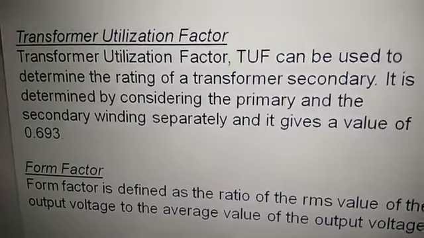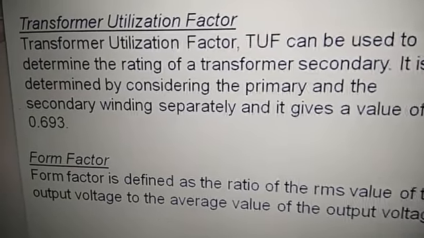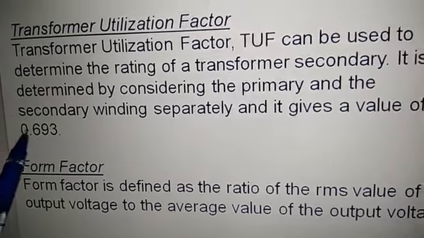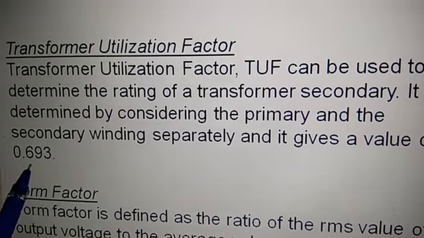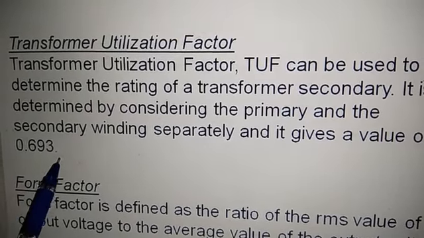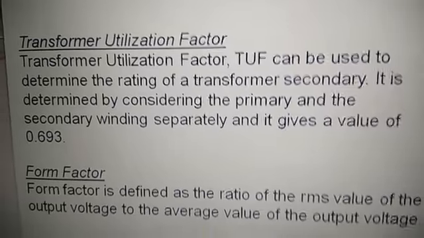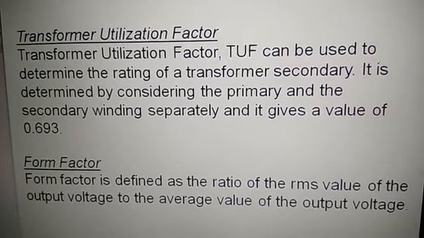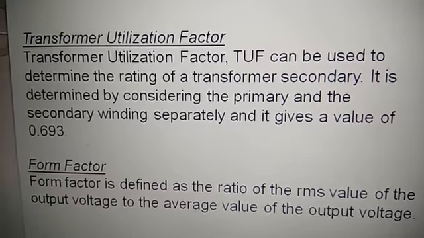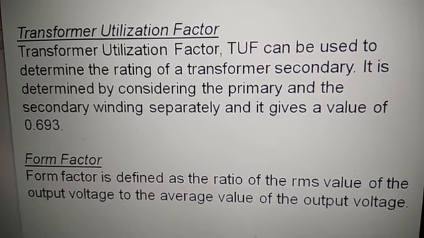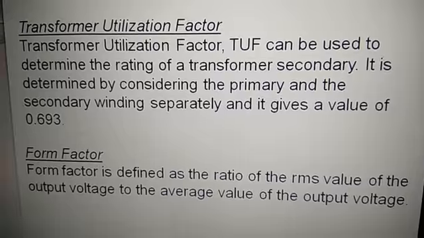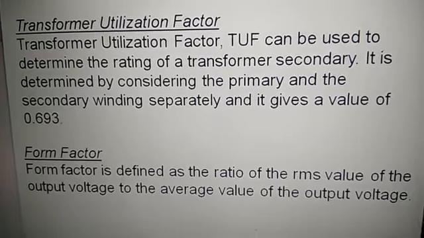Then transformer utilization factor. The transformer utilization factor for the full wave rectifier is calculated as 0.693. In case of the half wave rectifier, it is 0.28. That means the transformer is also utilized very highly in case of the full wave rectifier.